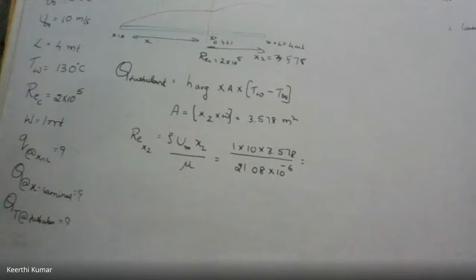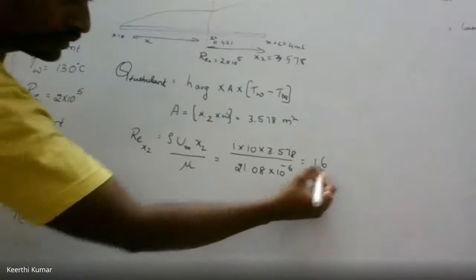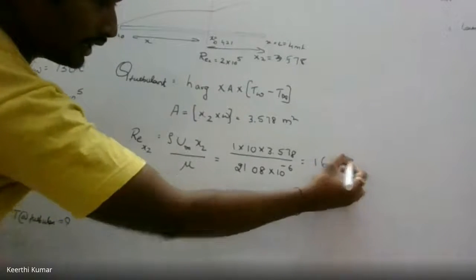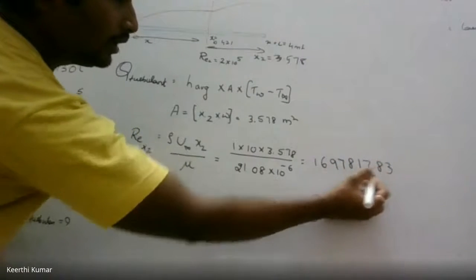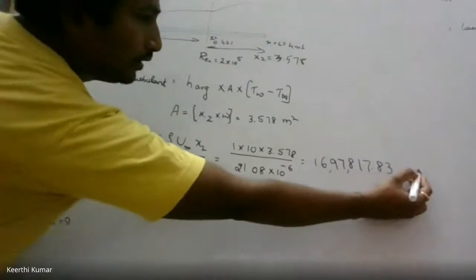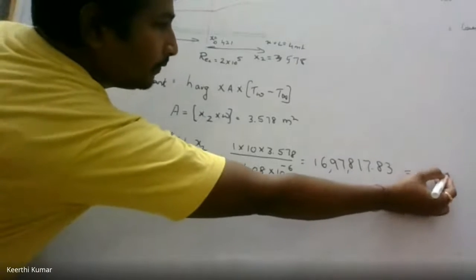What is the Reynolds number we got? I'll write the answer. 16978, 17.83. So that I can rewrite as 16 into 10 to the power of 5.